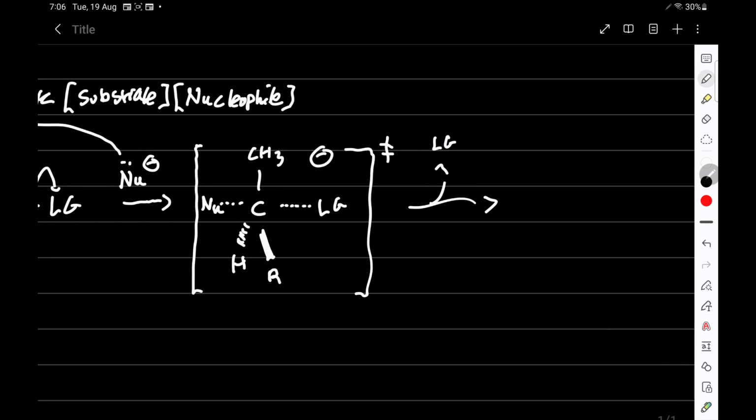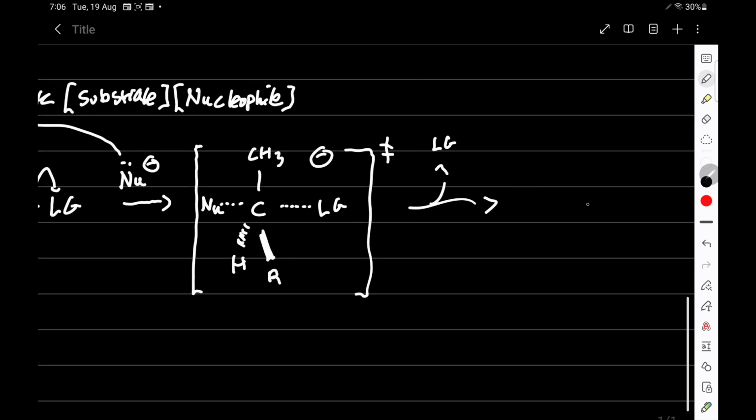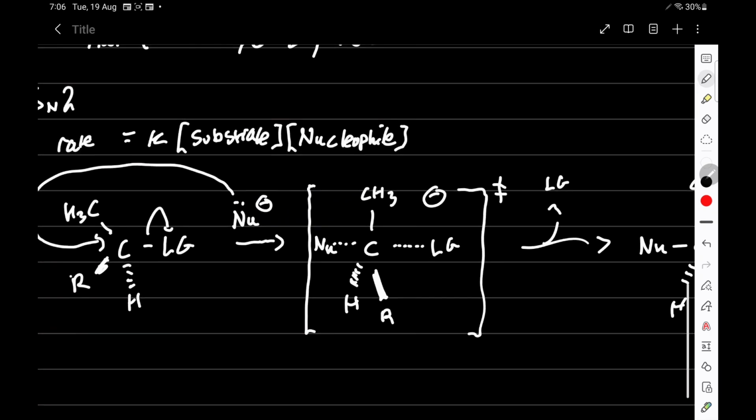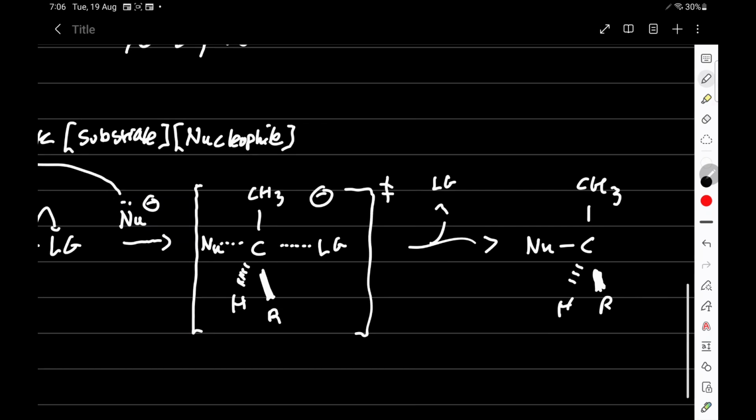We eject our leaving group and end up with our nucleophile now on our carbon atom. So it's a one-step mechanism.